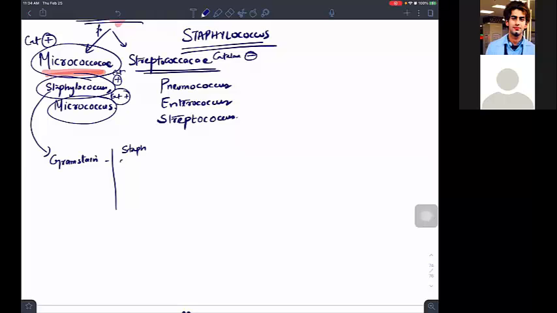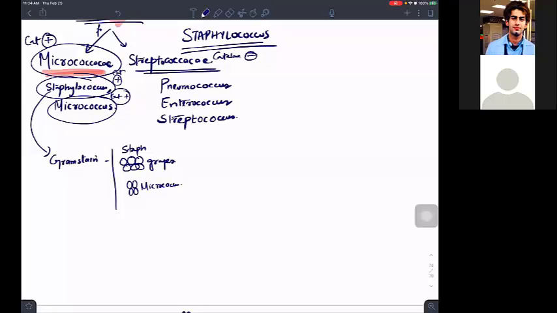They will be in clusters because Staph itself means clusters. You will see it in the form of grapes. If you see something in a tetrad, Micrococcus is a tetrad. I have taught you. Micrococcus is a tetrad in the gram stain arrangement.